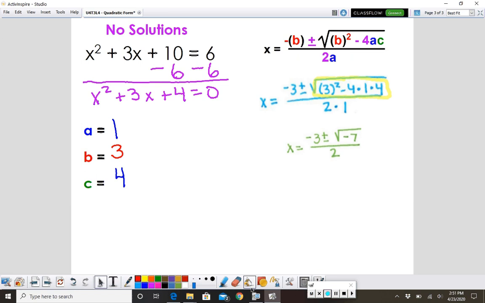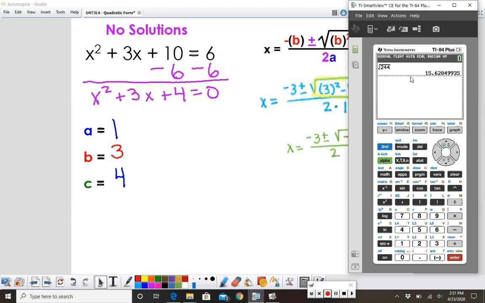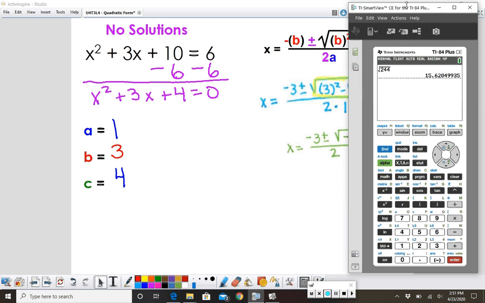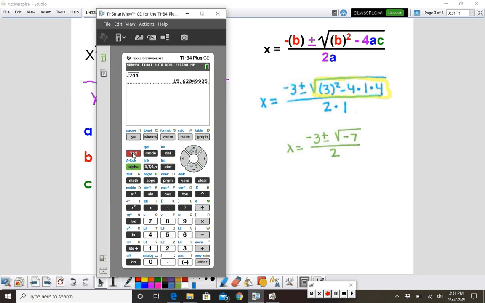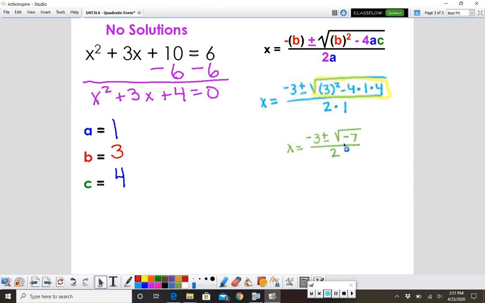Now, let's go back to our calculator. I'll move it this way so you can see this problem. If I do the square root, so remember second square root of negative 7, I get an error message. The reason I get an error message is you can't take a square root of a negative number.